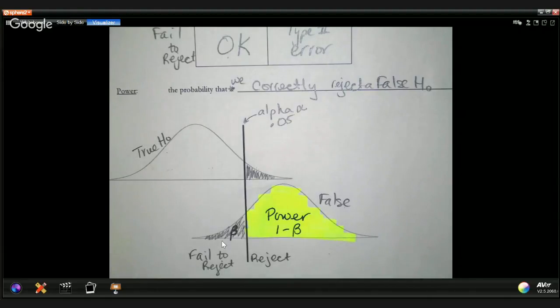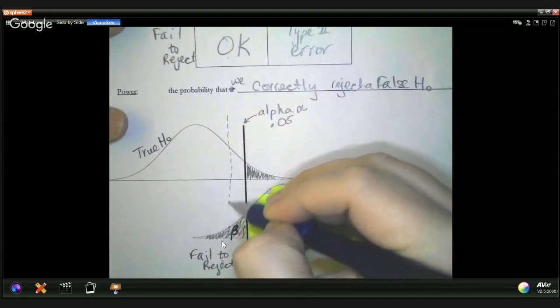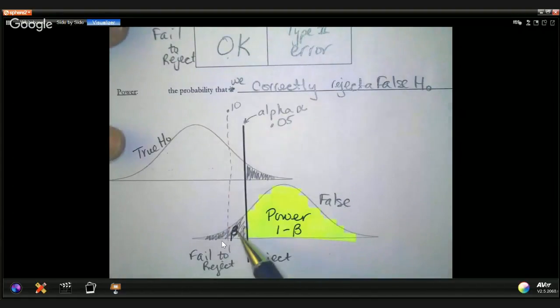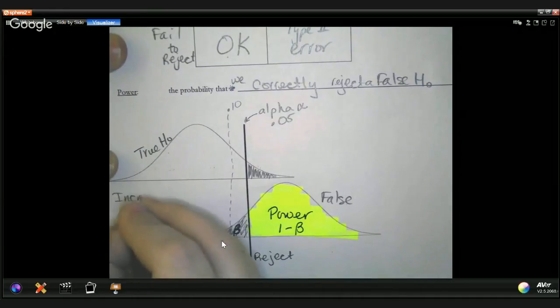Some things you need to know: if you want to increase your power, I can increase the alpha level. So if I slid this alpha level over to 0.10 now, this part would be highlighted also because it's slid over.